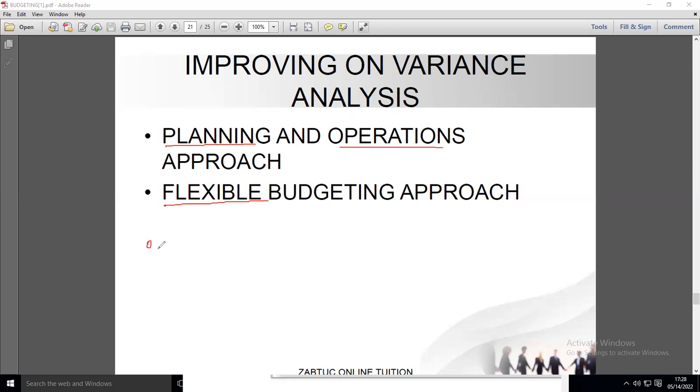And we can add also by doing what? By sub-analyzing the total variances into the individual components.